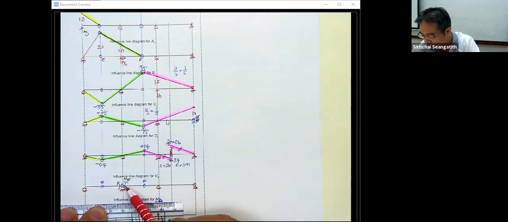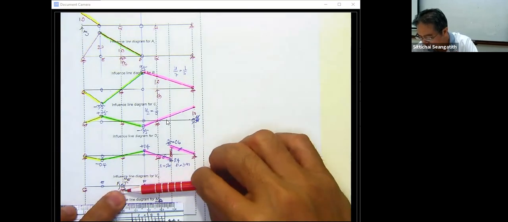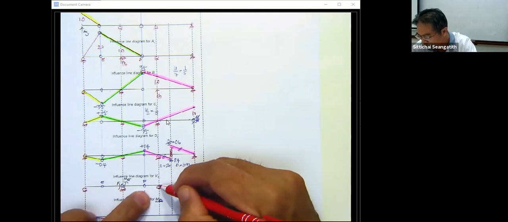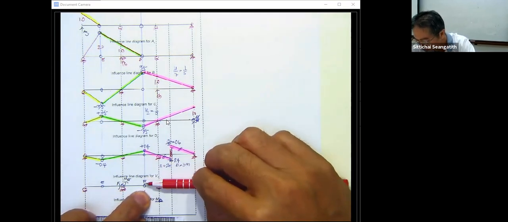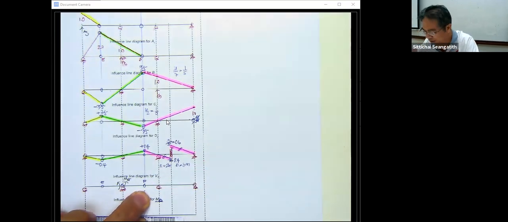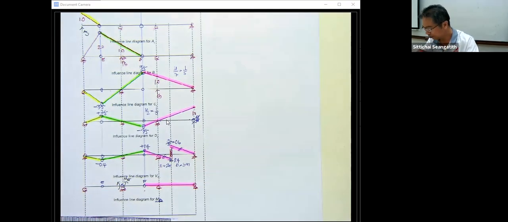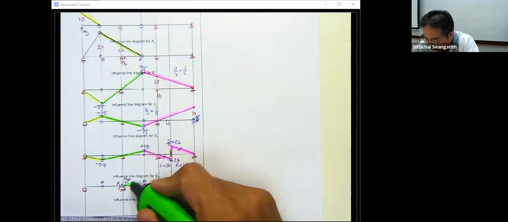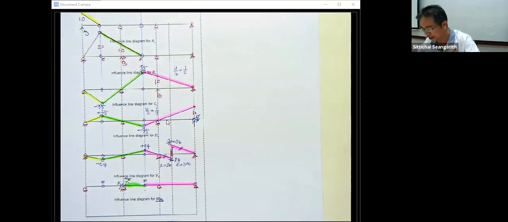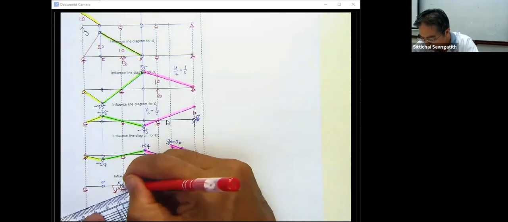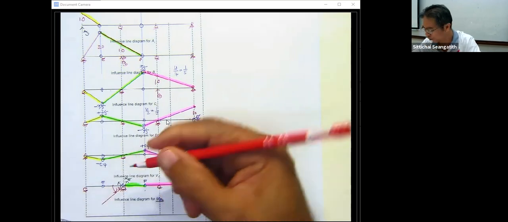This one, can it move? Okay, this one cannot move. It is a piece of this. This one cannot move down because this portion won't move. Since this portion won't move, this portion also won't move, and then the moving portion is going to move for 1.0 unit, and it is going to move to here.